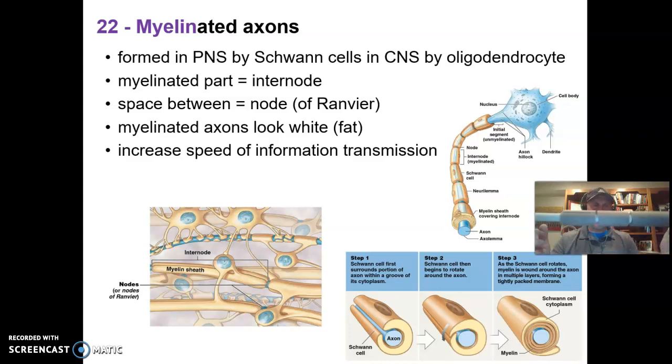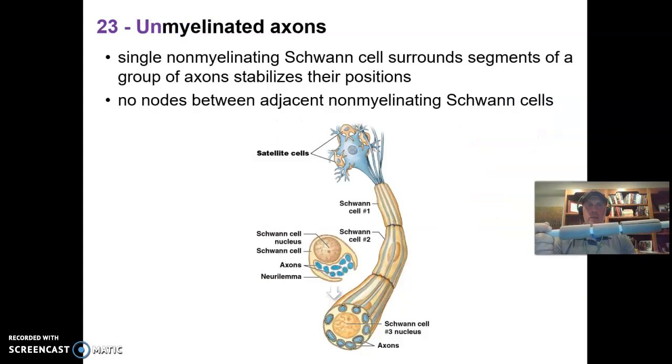Some of the research supports that you can actually train and have an adaptation to the Schwann cells and the nodes of Ranvier. The big thing you're after here is getting people to fire faster, and that's really what you have here.